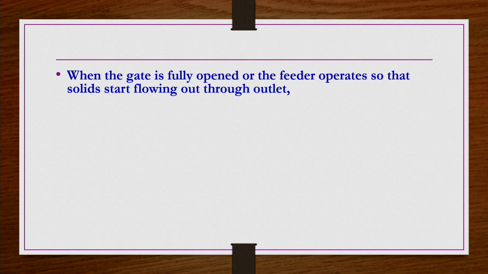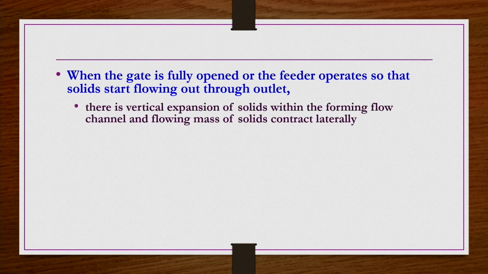Then when the gate is fully opened or the feeder operates so that solids start flowing out through the outlet, there is vertical expansion of solids within the forming flow channel, and the flowing mass of solids contracts laterally within that hopper region, the conical section that we have seen.